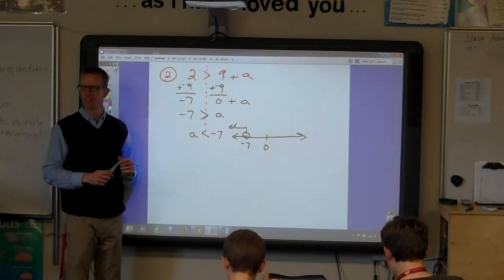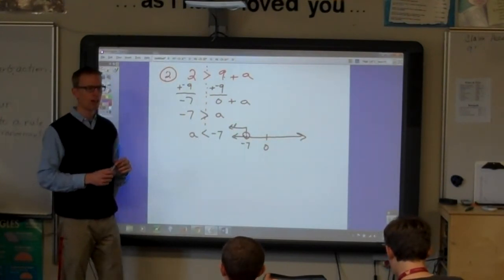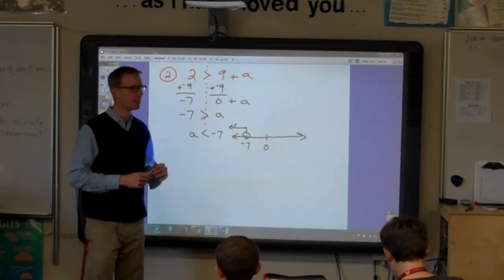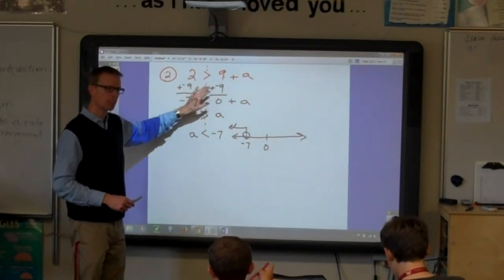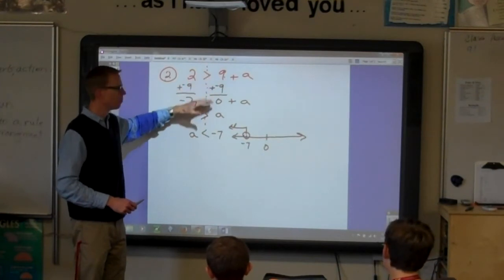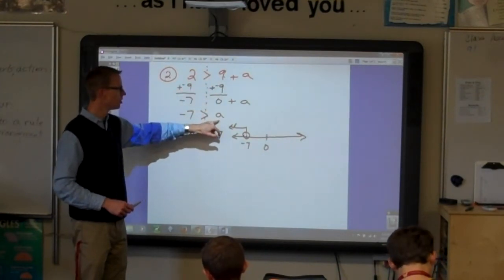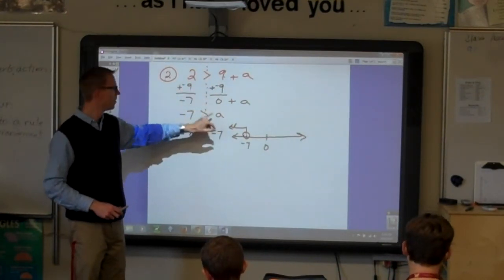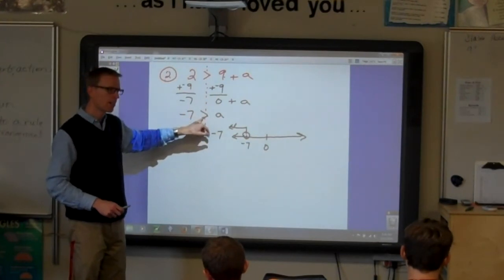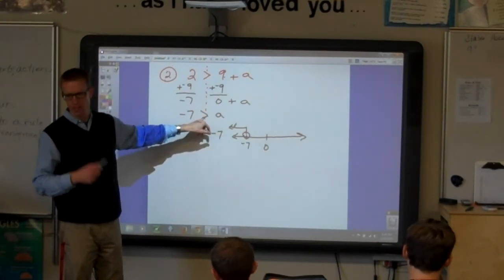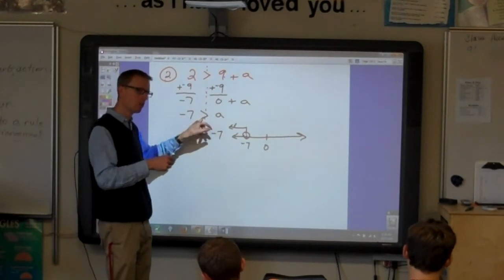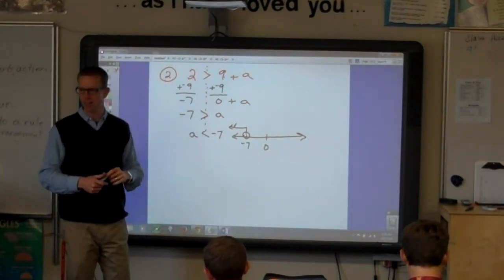Okay? Any questions on the process? Add the opposite of the number to both sides. Bring it down to show a is greater than or less than, greater than or equal to or less than or equal to the other side.